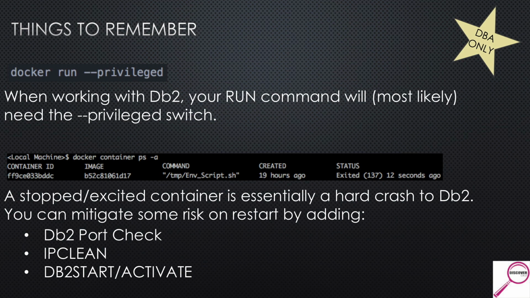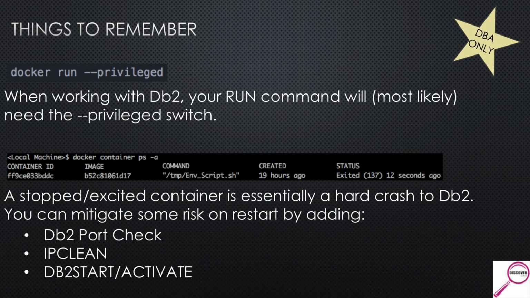So if you are making this more versatile and it needs to be able to restart and go back in, that's when you're keeping in mind that you want persistent volumes that we talked about earlier, but then make sure things aren't dorked. You know, what would you check on a system that just crashed, or do I have rogue things in memory? So maybe I need to do an IP clean.